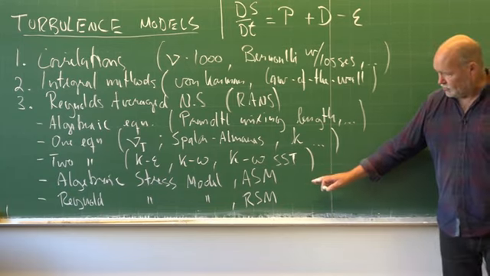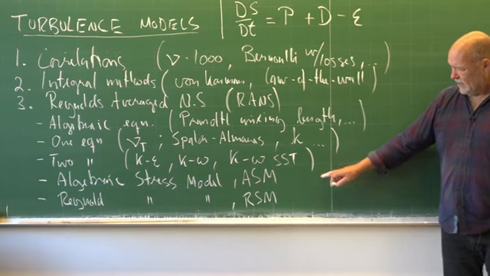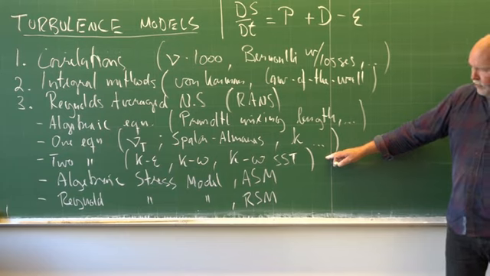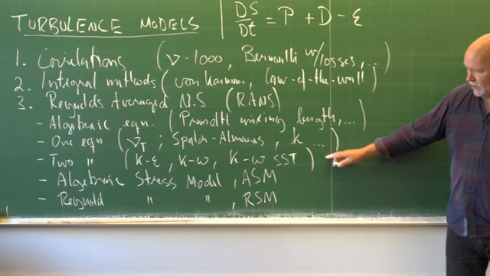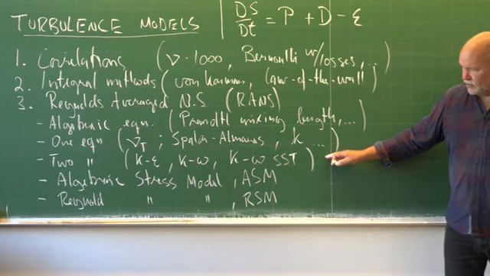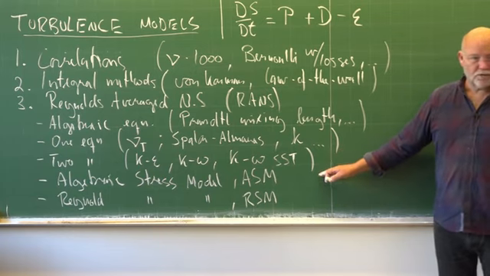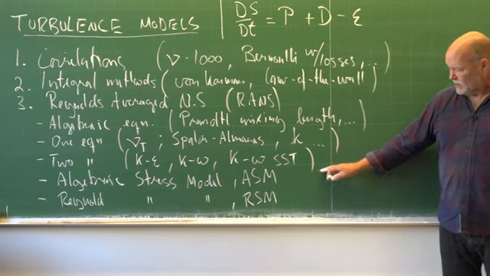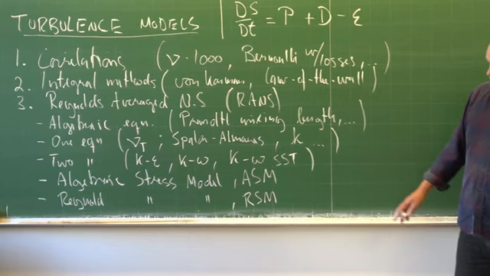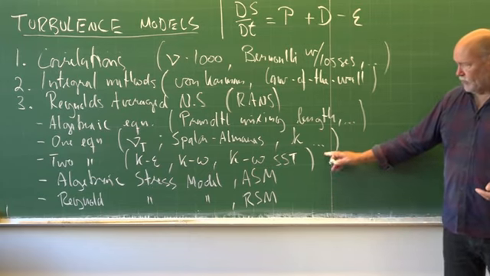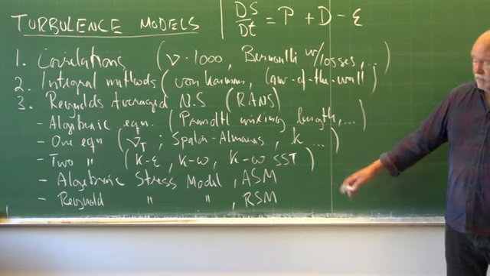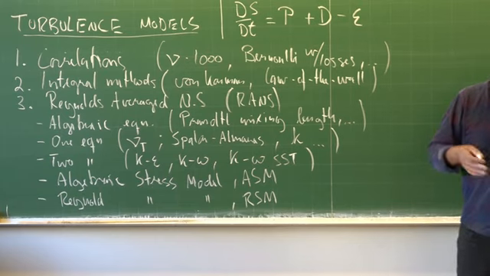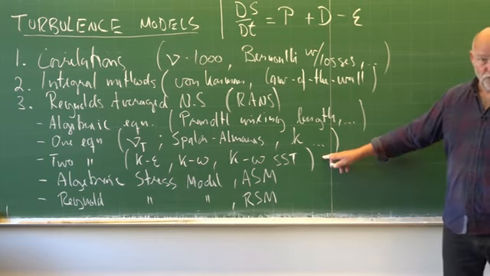Very short description. An ASM will use the solution from a two-equation system and then apply some algebraic equations to get more detailed information, but purely algebraic equations. So when it comes to computational cost, these two will be roughly the same. You have the Navier-Stokes, in 3D you have 3 transport equations, and then here you have 2 more.